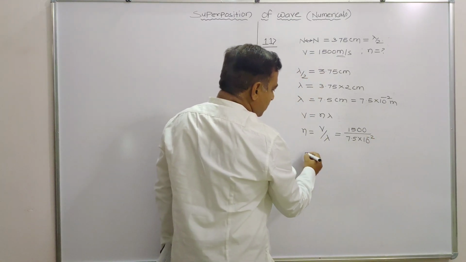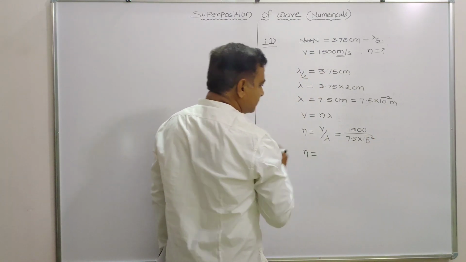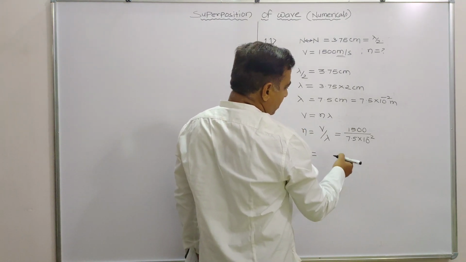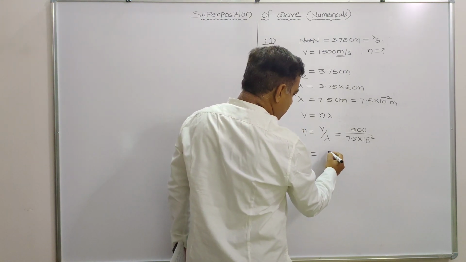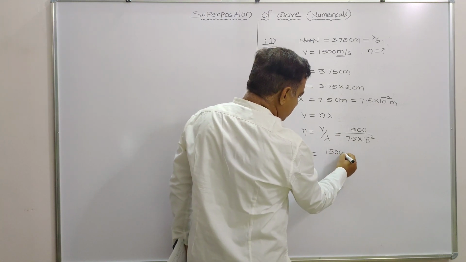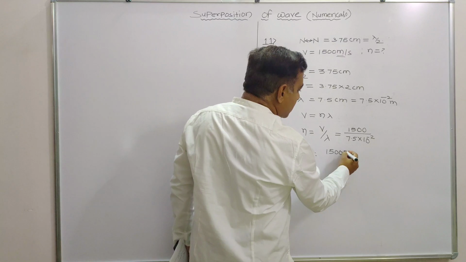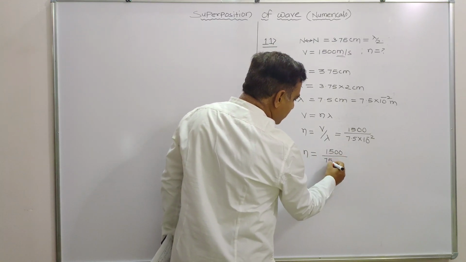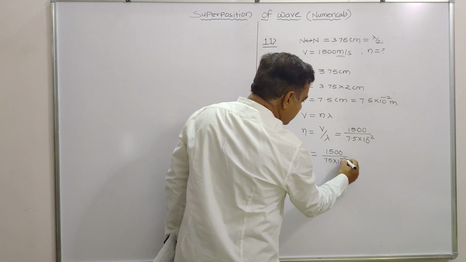After solving this, here I am going to shift the point: 1500 over 75 into 10 raised to power minus 3.